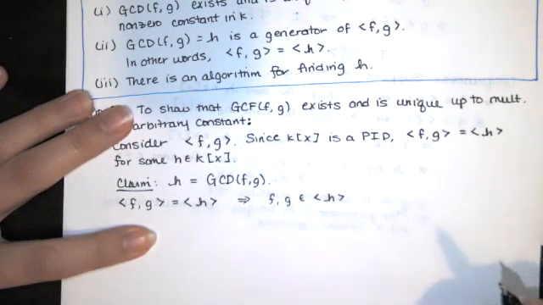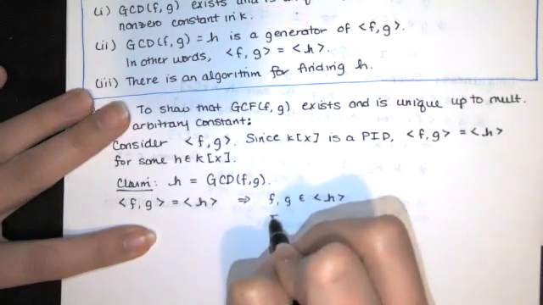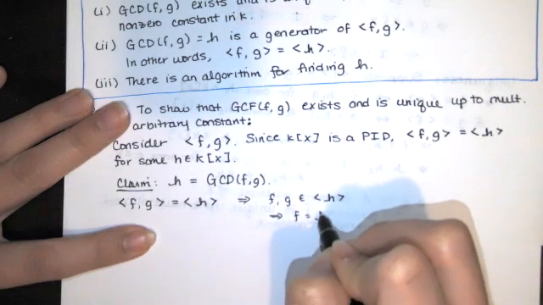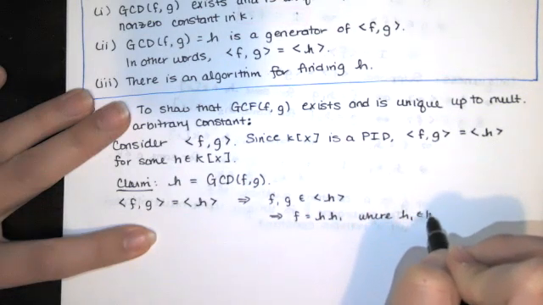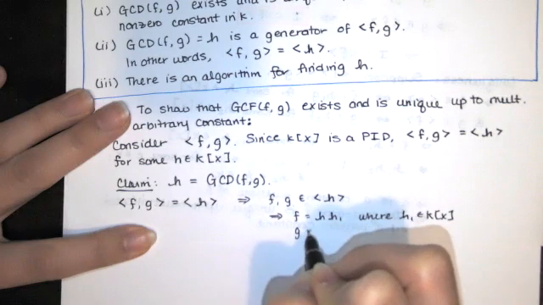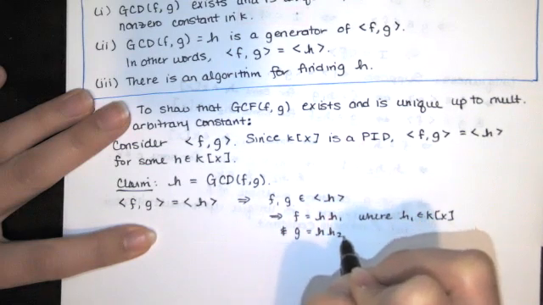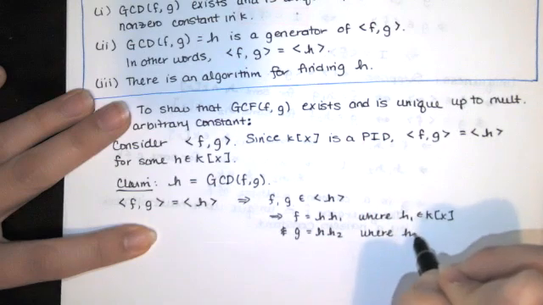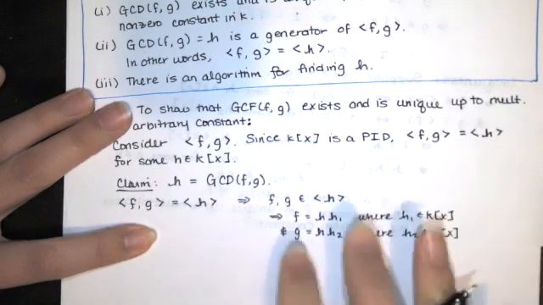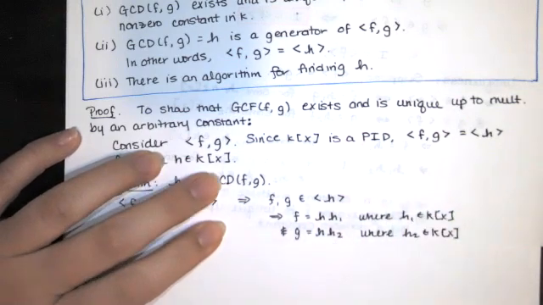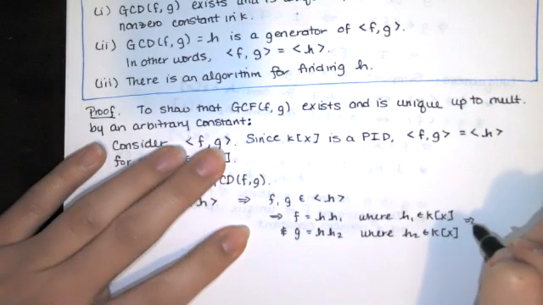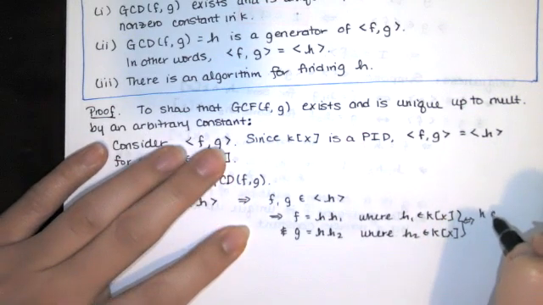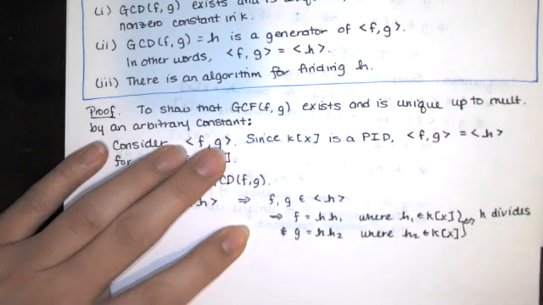And if F and G are in this ideal, remember what that means. That's the same as saying that F is equal to H times H1, where H1 is in our ring, and G is equal to H times H2, where H2 is in our ring. That's the same as saying that F and G are divisible by H, or H divides F and G. So that first part of our definition of the GCD is satisfied.